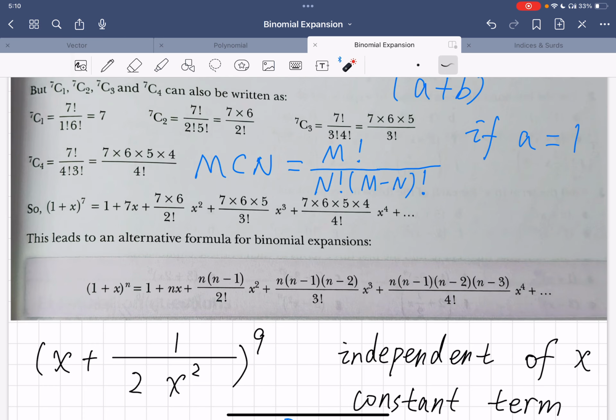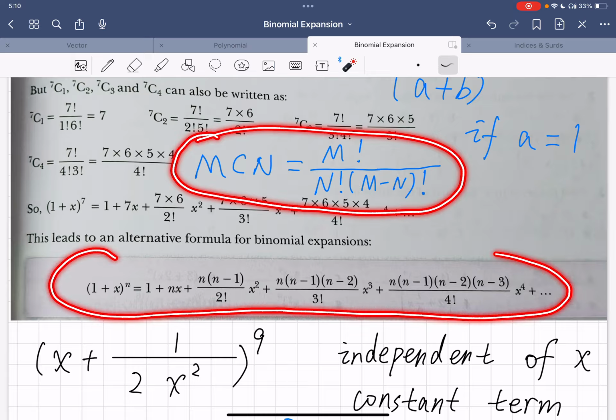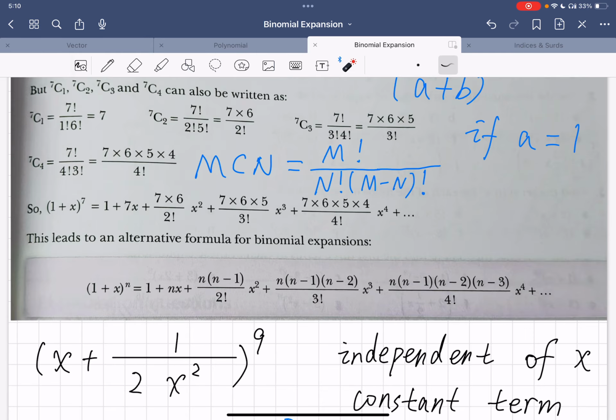Okay, so you can take a screenshot of this formula. This is how we derive the formula by using factorial. This is the factorial formula, and this is the overall formula, starting with 1 plus something.